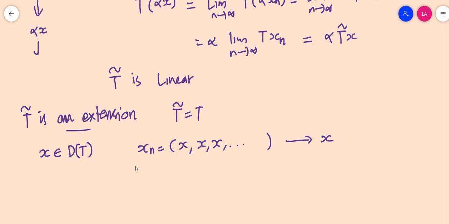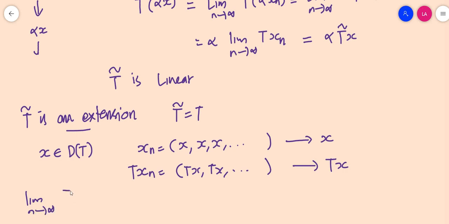Then T of xn is T of x, and so on, a constant sequence which converges to T of x as well. So for every x in D of T, the limit as n tends to infinity of T of xn is, by definition, T tilde of x.